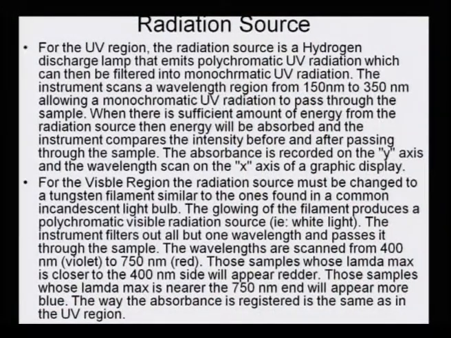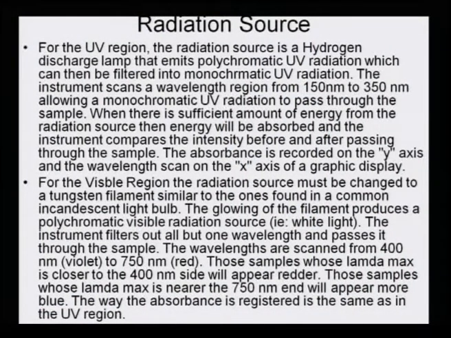For the visible region, that is for colored compounds, the visible region has to be taken into account, and when visible light has to be shone on the sample, it is necessary to change the lamp to a tungsten filament or an ordinary incandescent bulb.